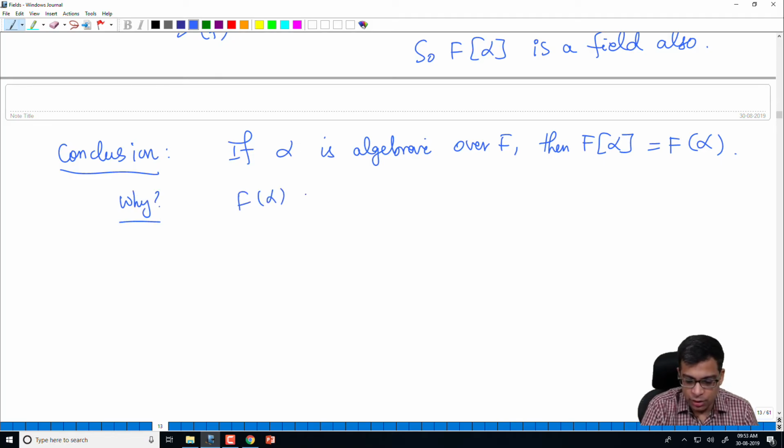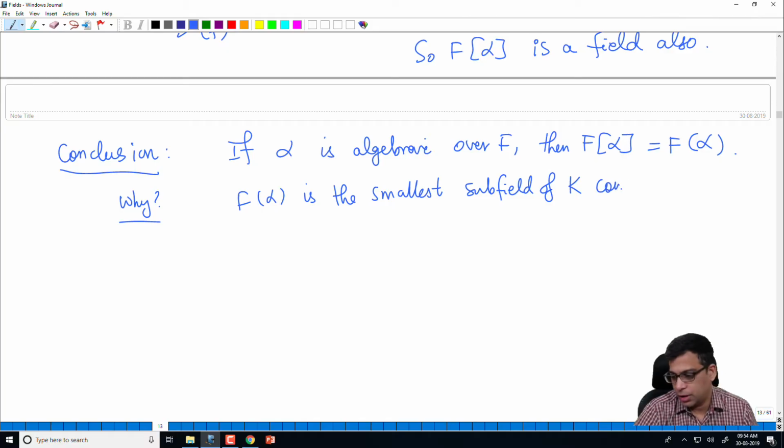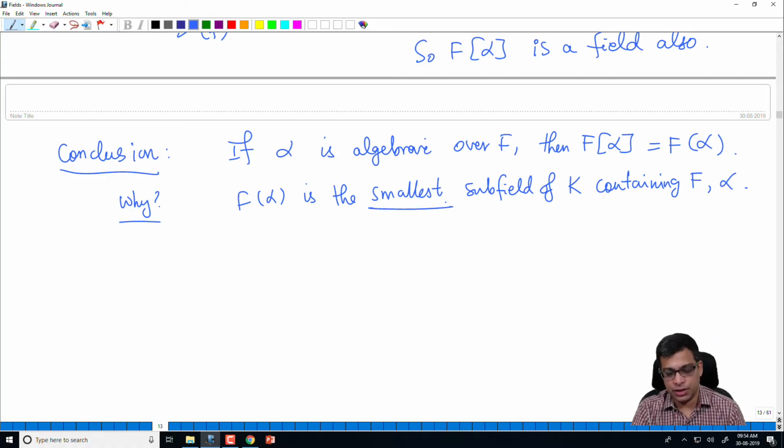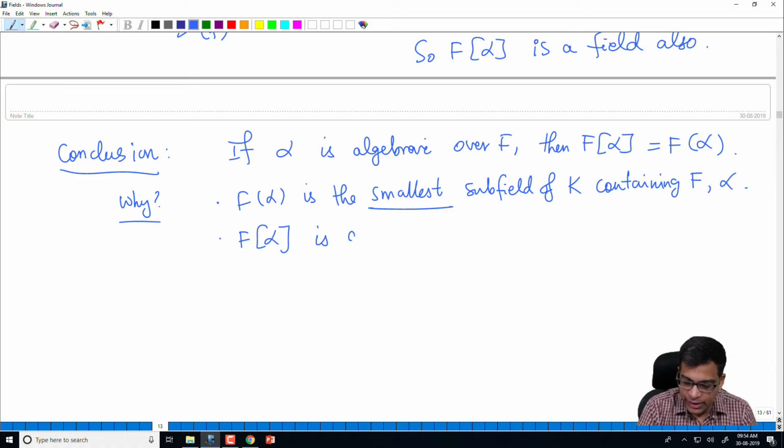Remember F(alpha) is the smallest subfield of K containing F and alpha. What smallest here means is actually that if any field contains capital F and alpha, that field contains F(alpha). But F[alpha] is a field containing, of course it contains F and alpha, right?